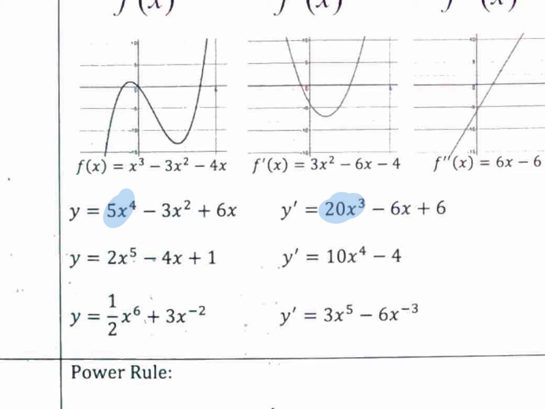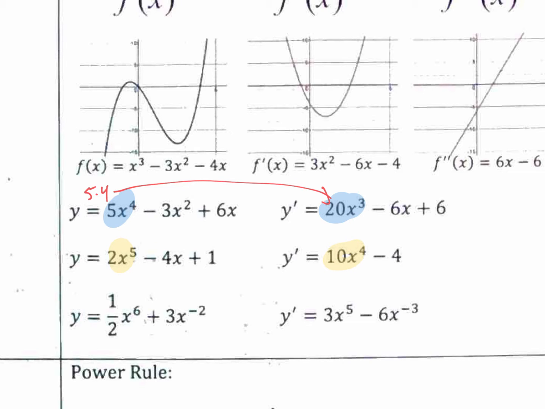But then we get into, okay, let's take a look at the coefficients here. This turns from a 5 into a 20. Well, to turn a 5 into a 20, I'd have to multiply that by 4, right? So 5 times 4 is where a 20 would come from. Down here in the second equation, I have a 2x to the 5th. That turns into a 10x to the 4th.